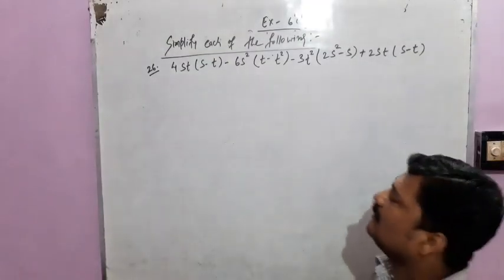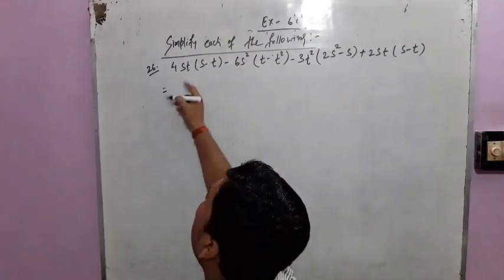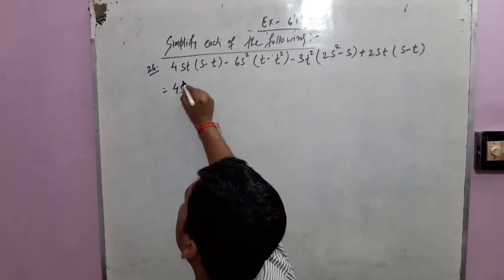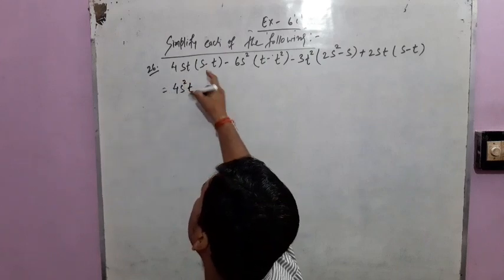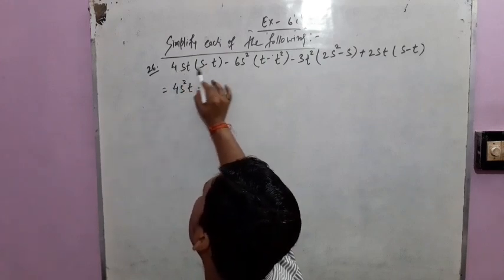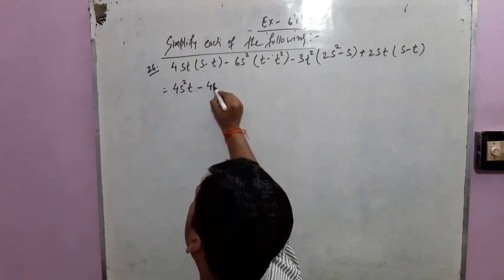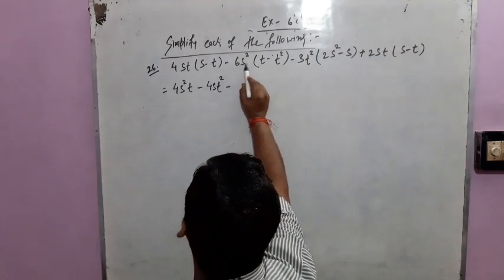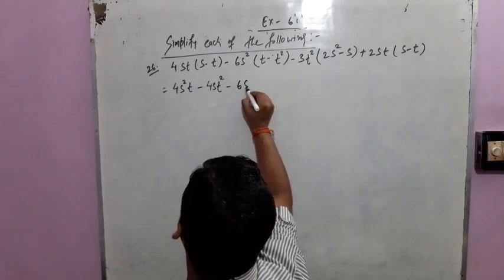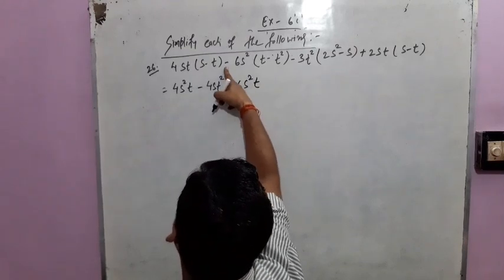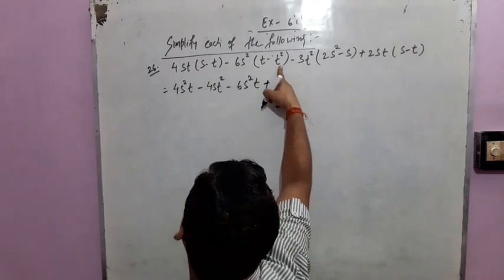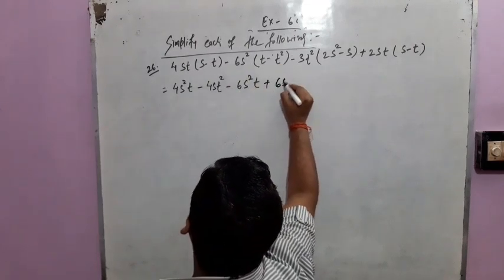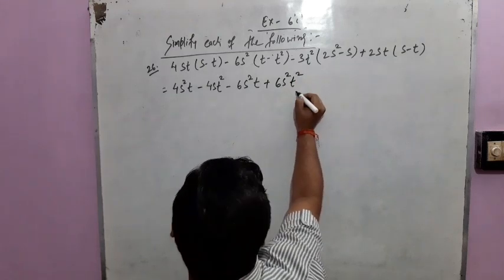Now look here students, first we have to multiply both of the terms. So s and s becomes s square here. Now plus minus here, 4s and t become t square. Now here look at students, 6s square t multiplied with t, the 6s square t, and minus plus here, when t square multiplied with 6s square, it becomes 6s square t square.